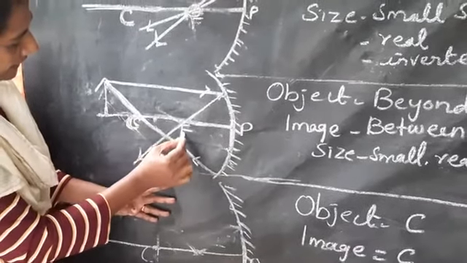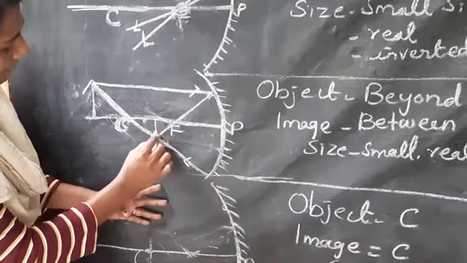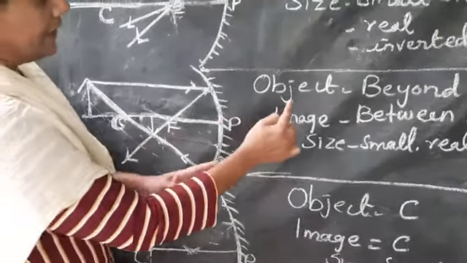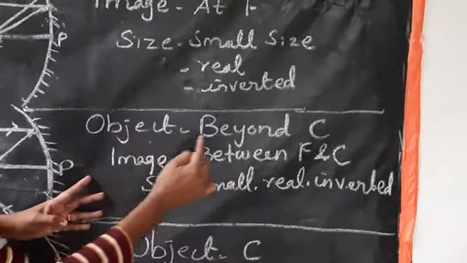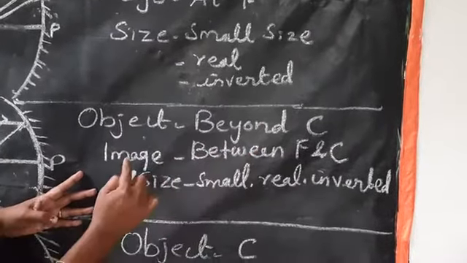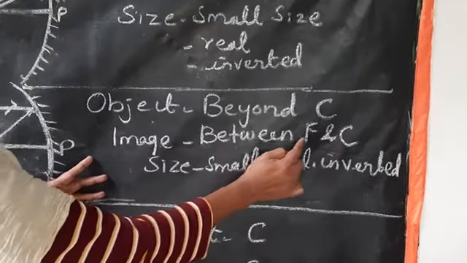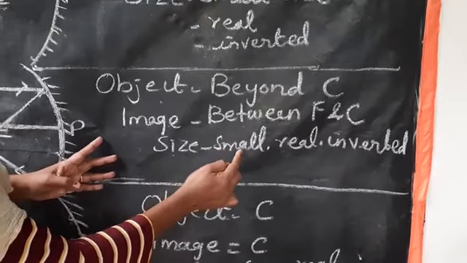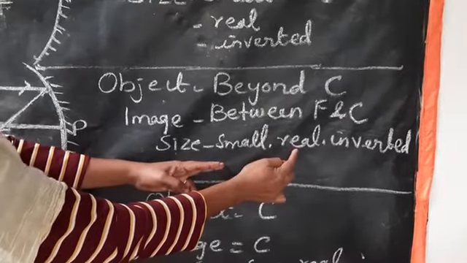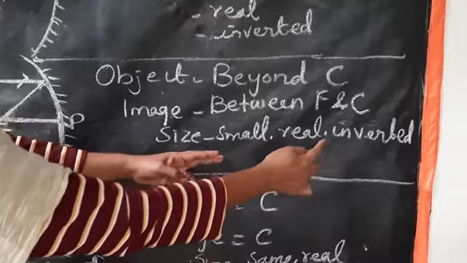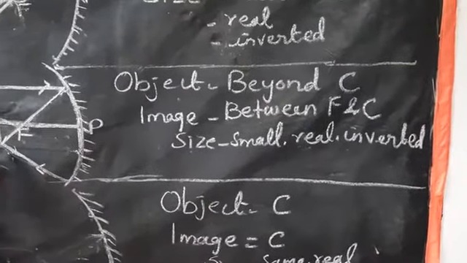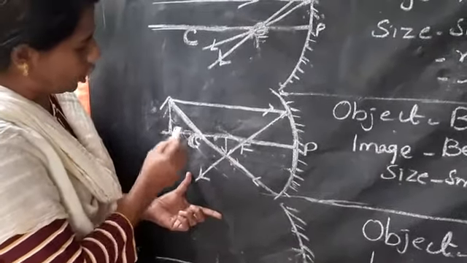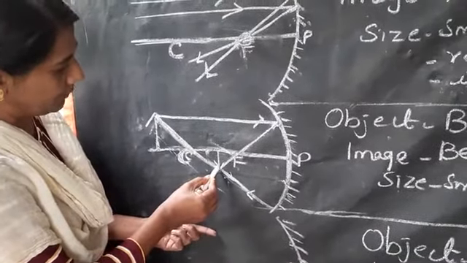Here is C, here is F. So, they meet between C and F. That's why I have written here: object is beyond C, image is formed between F and C. What about the size? Small. And here also real, inverted. Look here, the size of the image is small. Object size, image size, you just look into.